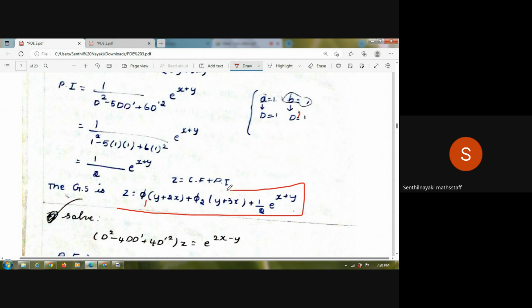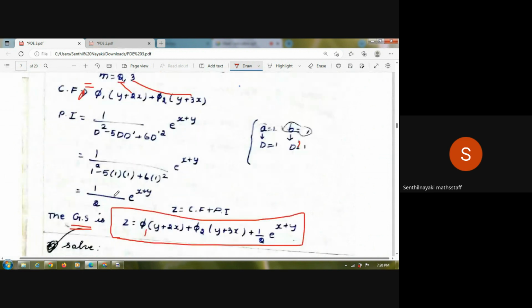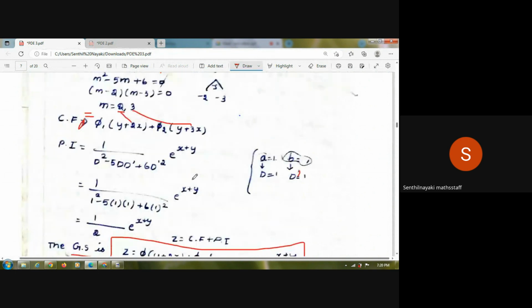If at least one arbitrary function is there, then the solution is called a general solution. Here there are two arbitrary functions, therefore this is called a general solution. It is equal to pi 1 of y plus 2x, that is the complementary function, plus the particular integral. We combine these two and we get the general solution of the given PDE.